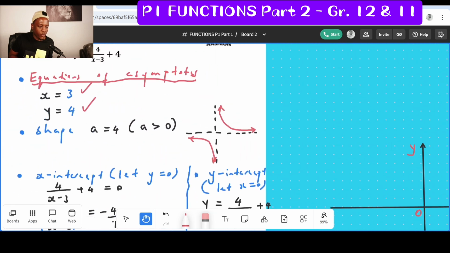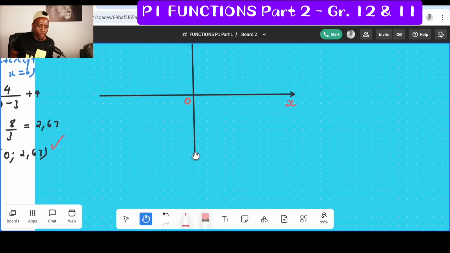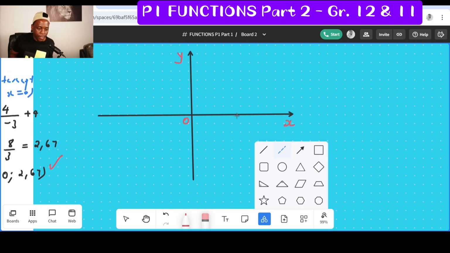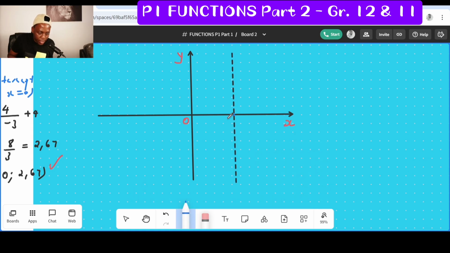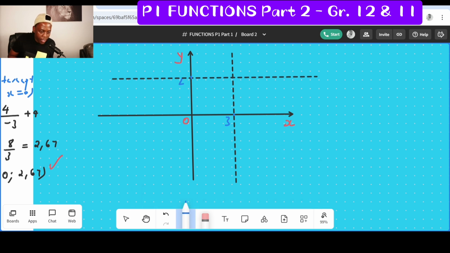We are starting with the asymptotes. First one at x is 3. Next one at y is 4. The dotted lines. At x is 3, somewhere here. And then at y is 4, somewhere right there.